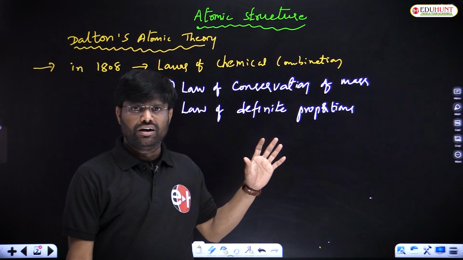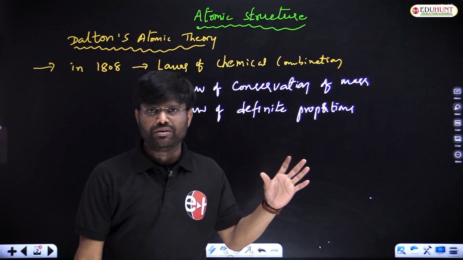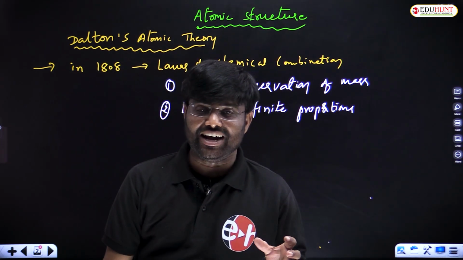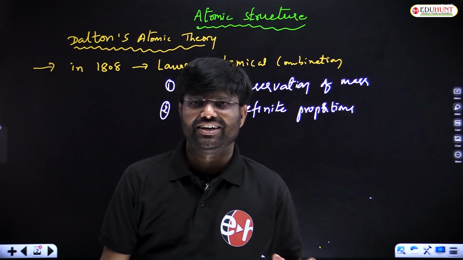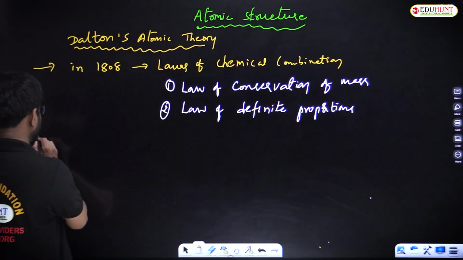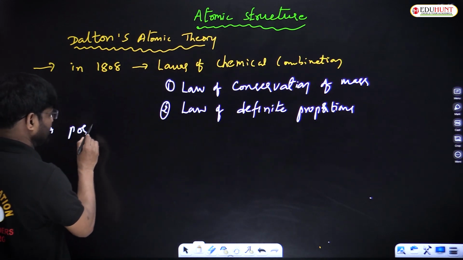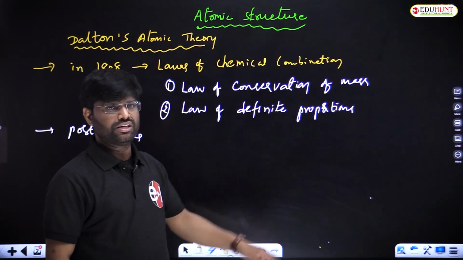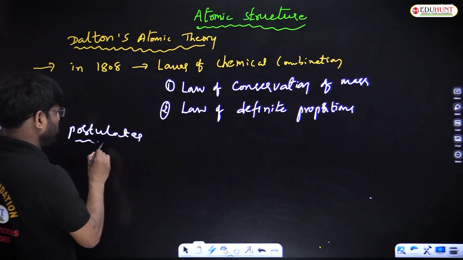So in 1808, Dalton proposed one atomic theory, called Dalton's atomic theory. Let us first see the postulates, then I will explain these two laws.